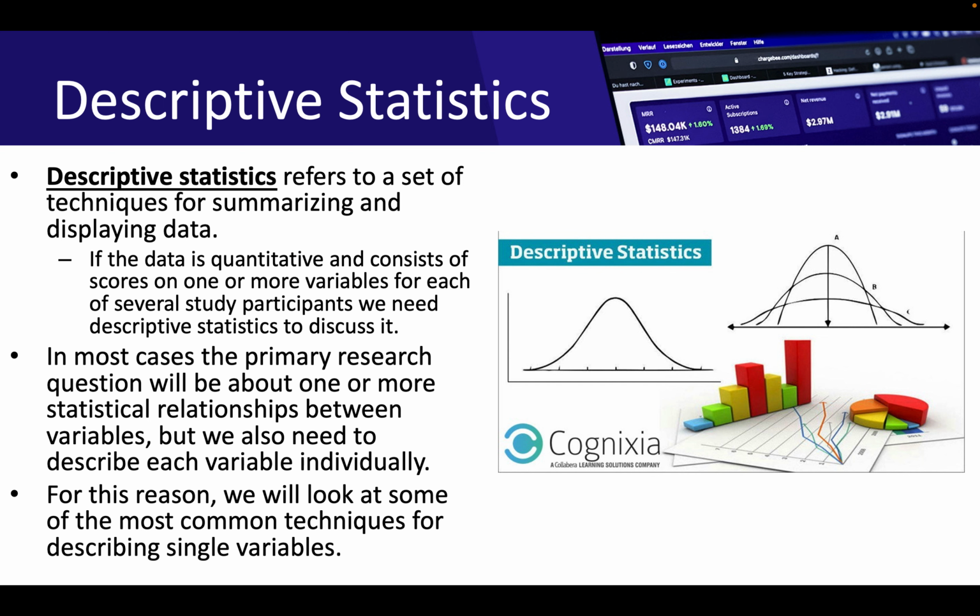When we're talking about variables, in my own research, we were looking at age, gender, education, level of trauma, and cultural awareness. Those were my independent variables, and my one dependent variable was resilience.